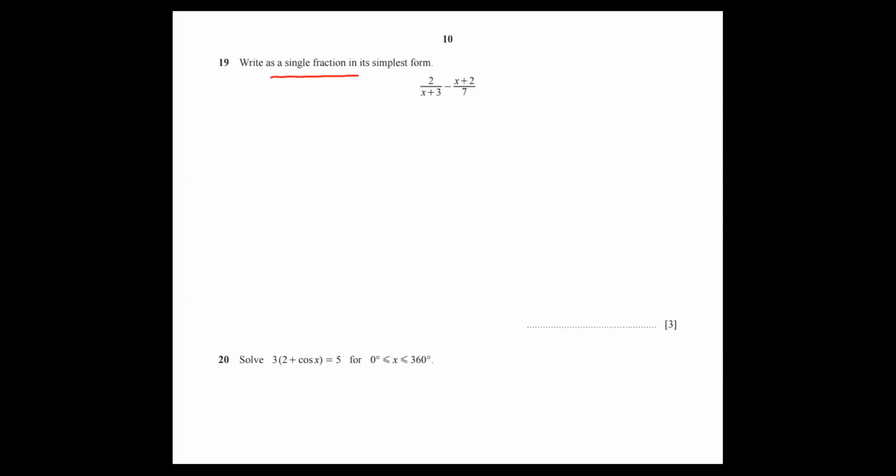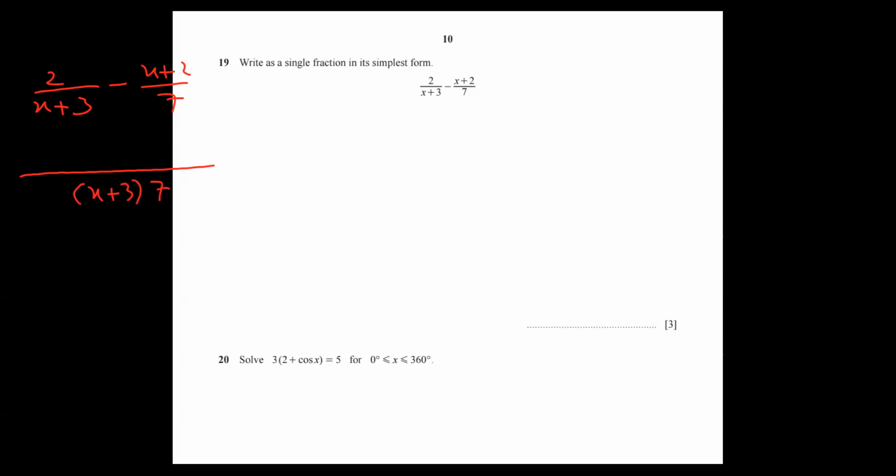On this page, question number 19, we have to make a single fraction. How to make it? 2 over x plus 3 minus x plus 2 over 7. Is something common between the two fractions? Nothing common. When nothing is common, what is the LCM? The LCM comes as x plus 3 times 7.